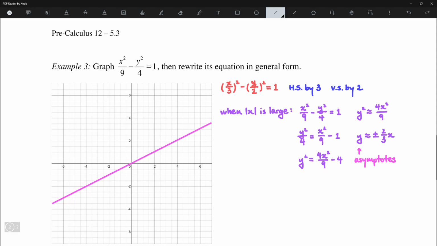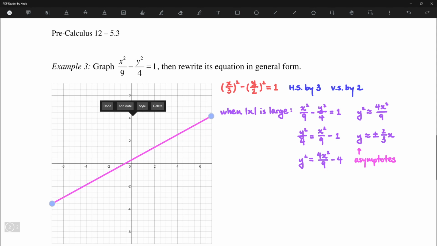Okay, so that's 1. Oh, sorry about that. I drew that totally wrong. That didn't work at all. I'm just going to delete it and draw it again. Let's see. 2, 2 over 3. Right, that's right.